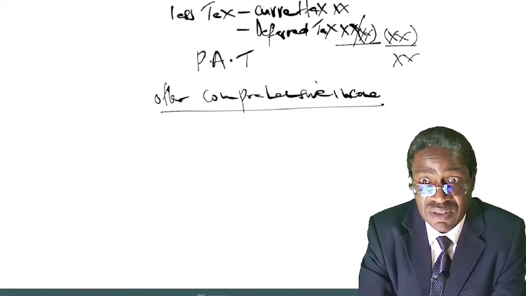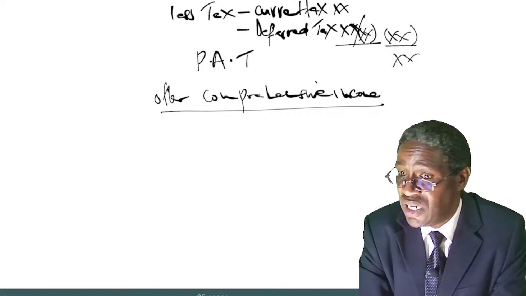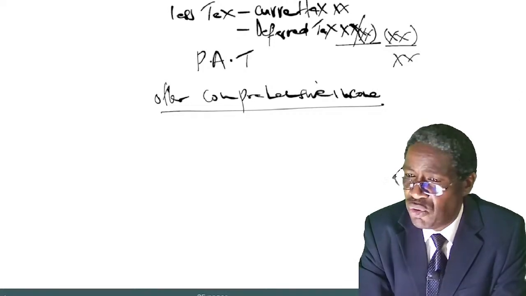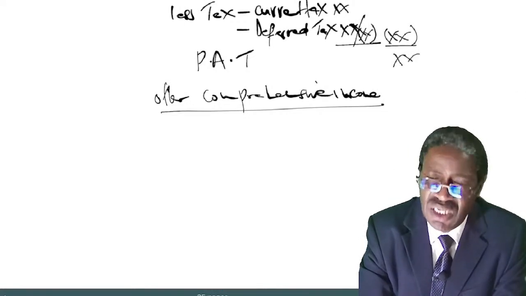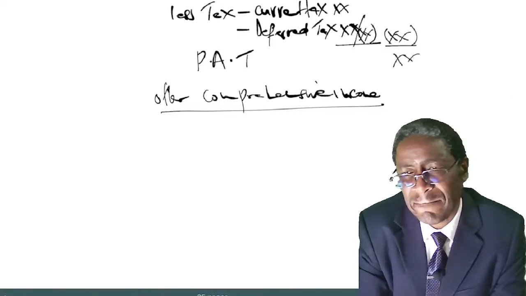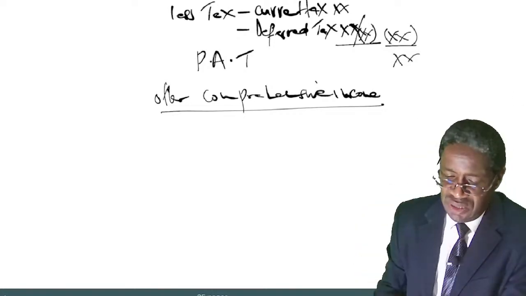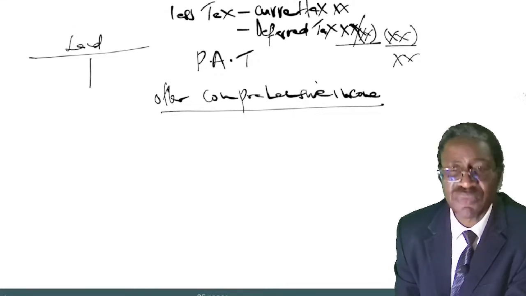then that gain is what can be classified as an example of other comprehensive income. Let me give an example. Your company has an asset, let's call it land, for example.